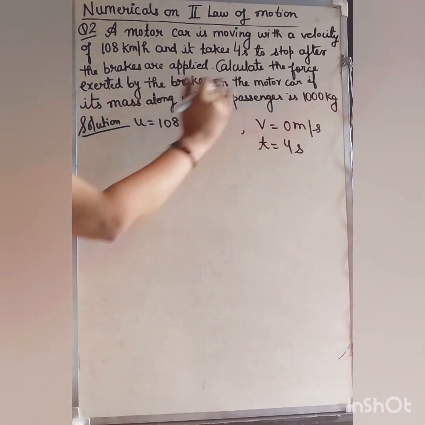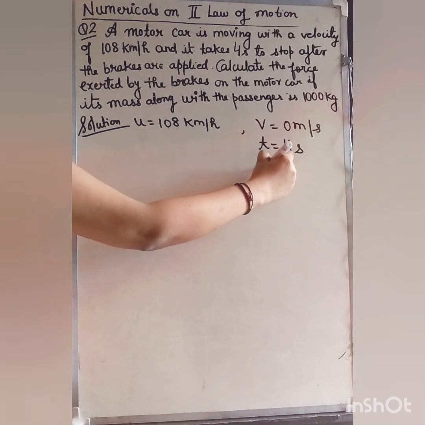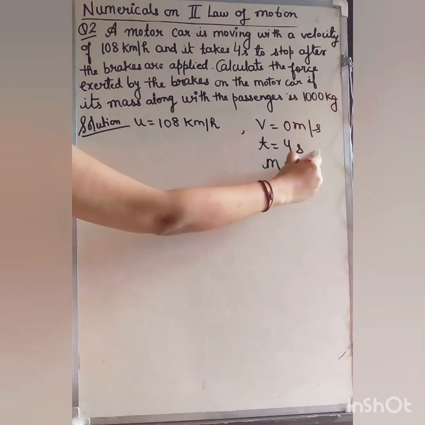If its mass along with the passengers is 1000 kg, it means that the total mass of the motor car plus the passengers sitting in it is 1000 kg.